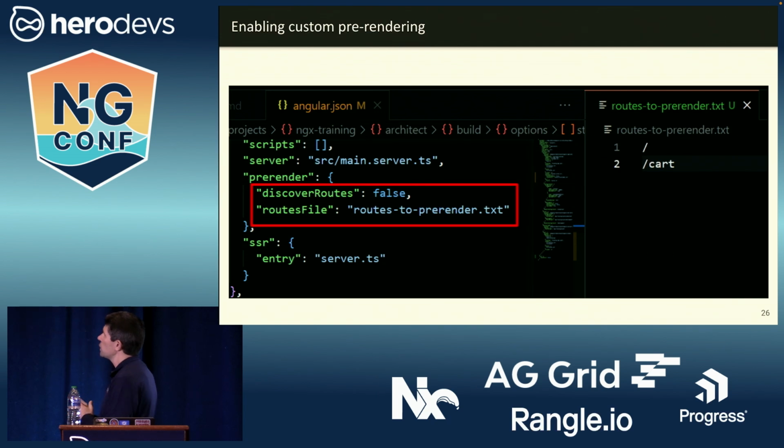In that config, you would have to find the section where you have the server config with SSR and everything, and that pre-render option. You would make it discover routes false, and the routes file can be named anything you want. I named it routes-to-pre-render.txt, and it says just the landing page and the cart page. You could decide to have more or less, up to you.